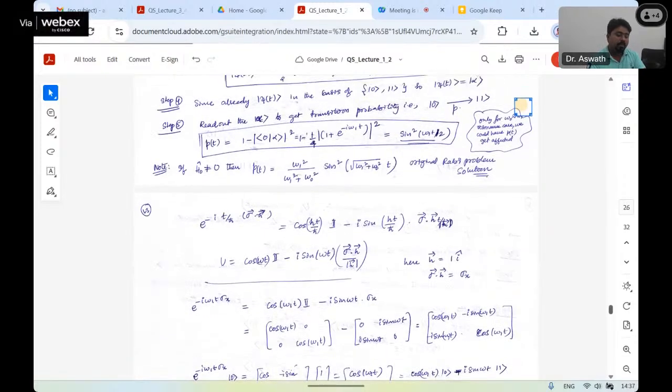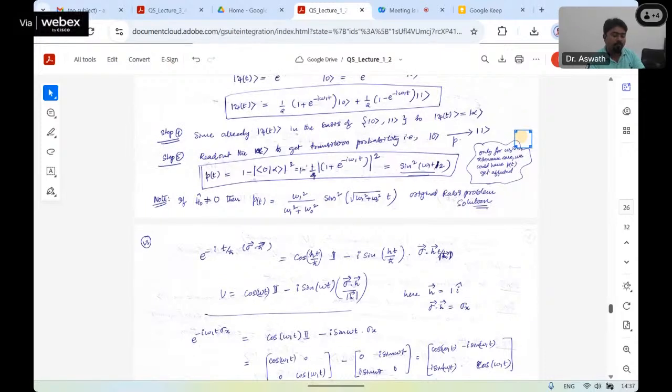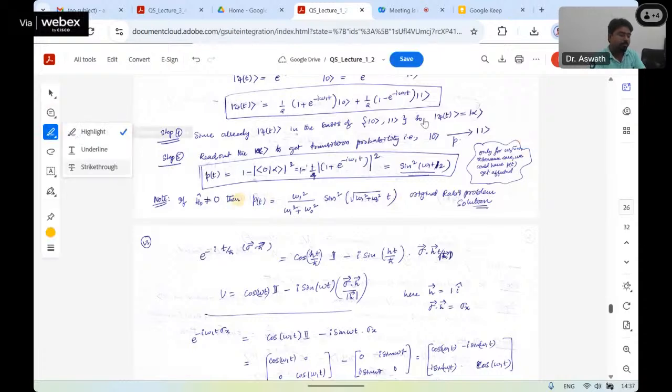In general, the exponential of some Hamiltonian matrix could be written like this. What is the exponential of something? If it is a complex number, the exponential of i theta, I can write as cos theta plus i sin theta.